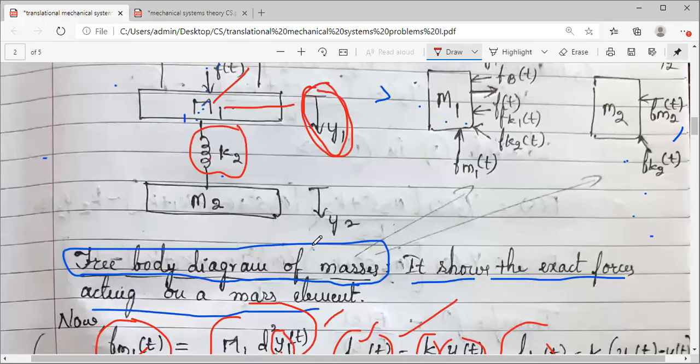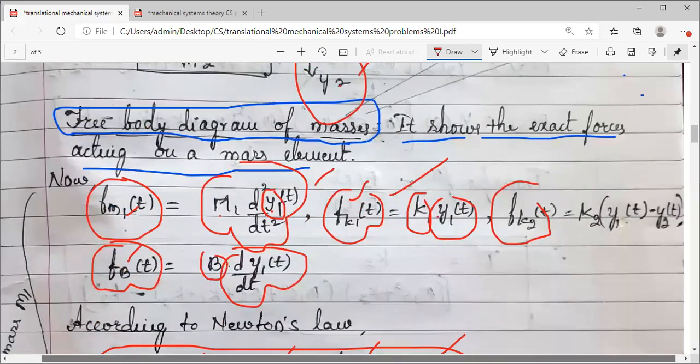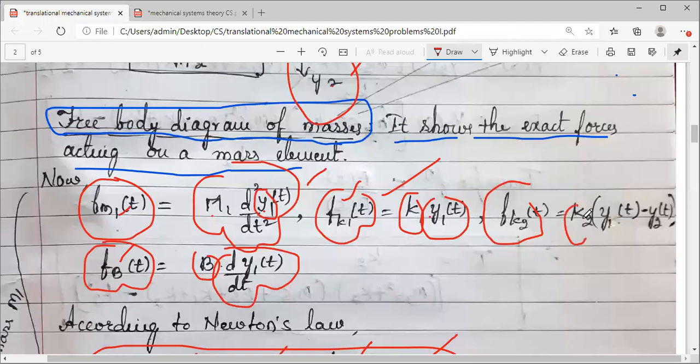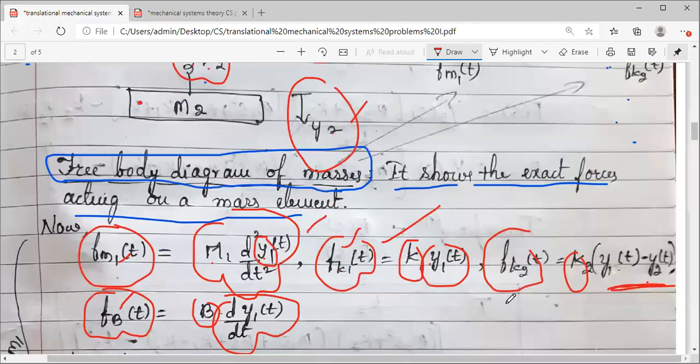Like that, we have the two displacements here, y1 and y2. How will you write? As we are writing it for m1, take this as the initial and this as the final. So it will be y1 minus y2. Hope it is visible. K into the difference in the displacements, y1 minus y2. For K2, I have written this.